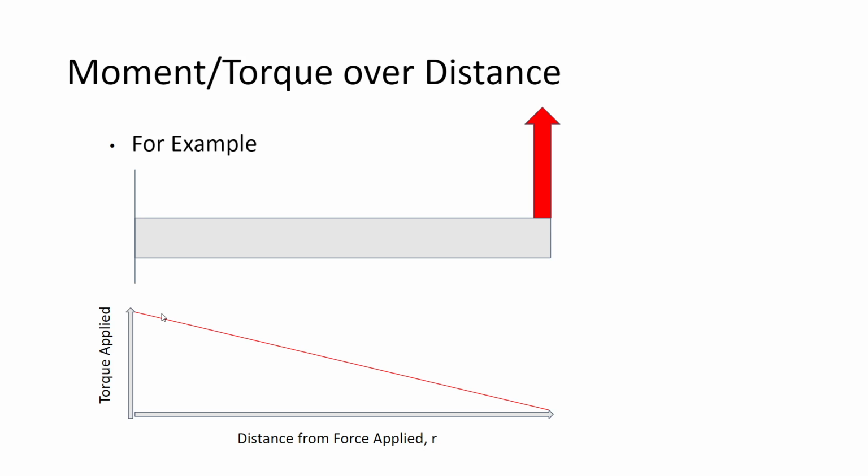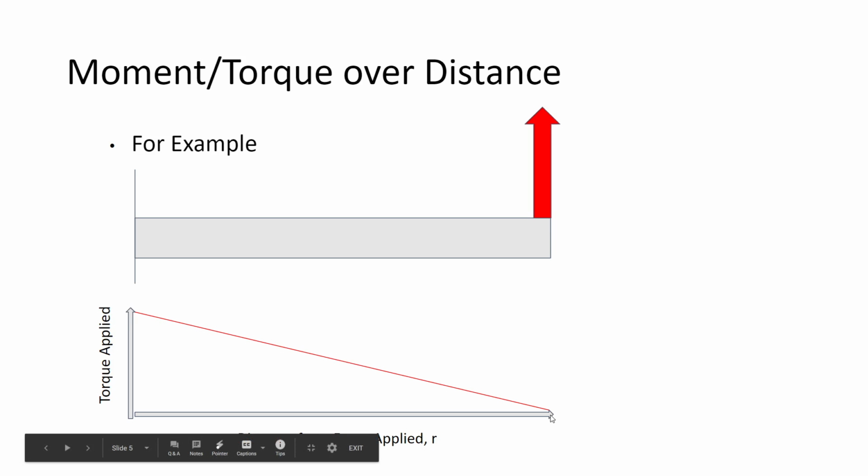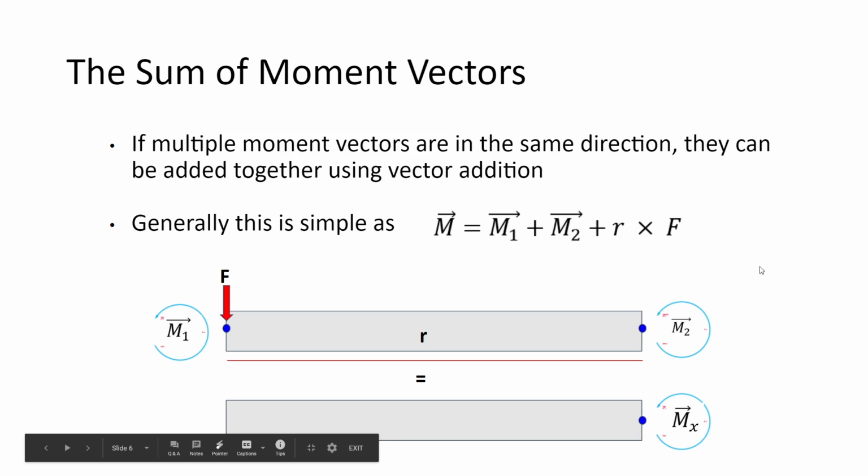And that makes sense. A torque is a distance times a force, and so you're just increasing your distance. Whereas the closer you get, until eventually you hit 0 when your distance is 0, the less torque you experience.